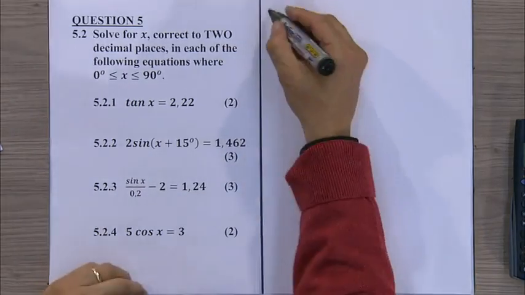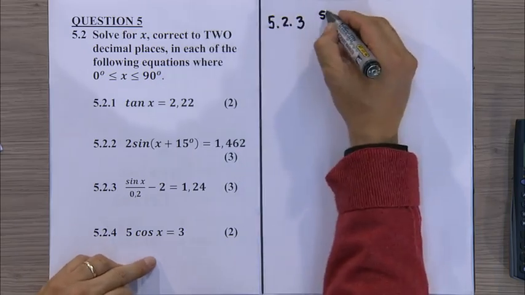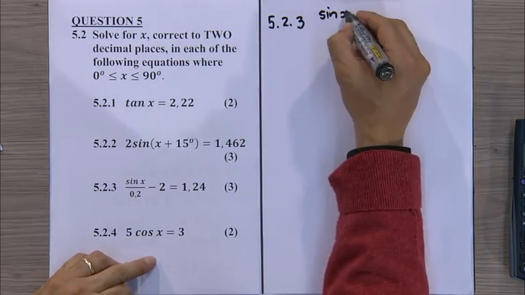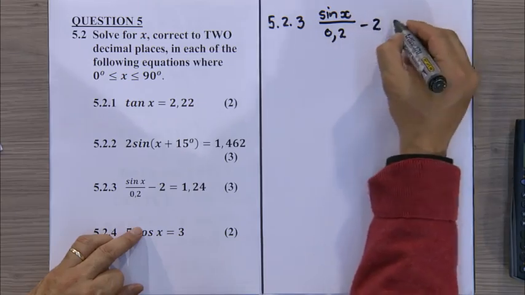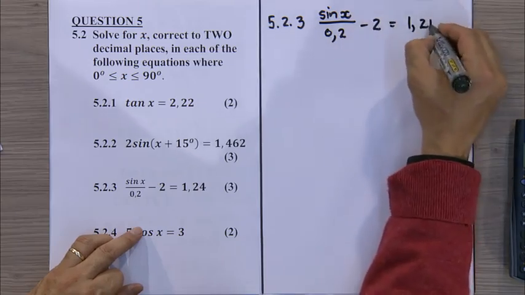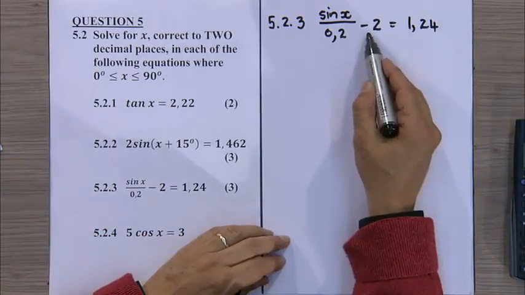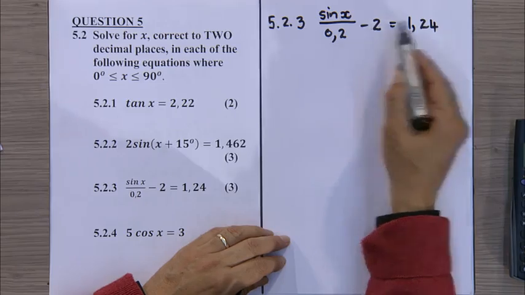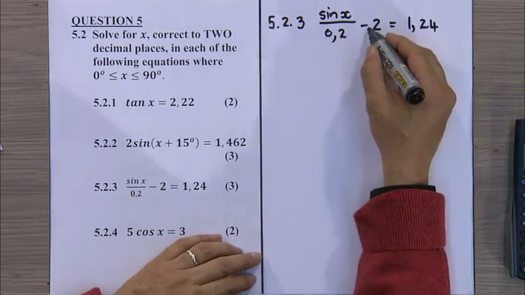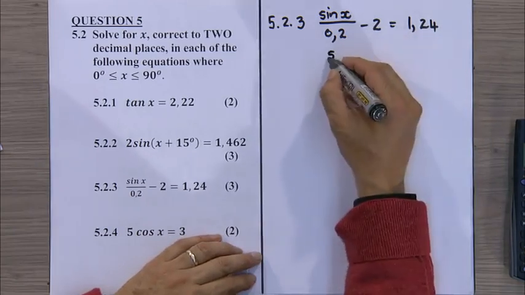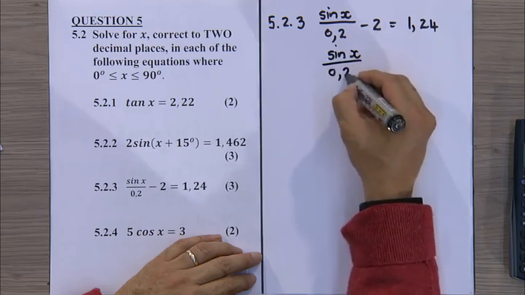Then our third one, 5.2.3, we have sine x over 0.2 minus 2 equals 1.24. Right, if I balance, what am I to do to get rid of minus 2? We add 2 on that side. So if I add 2 here, that will cancel, and I will sit with sine x over 0.2.